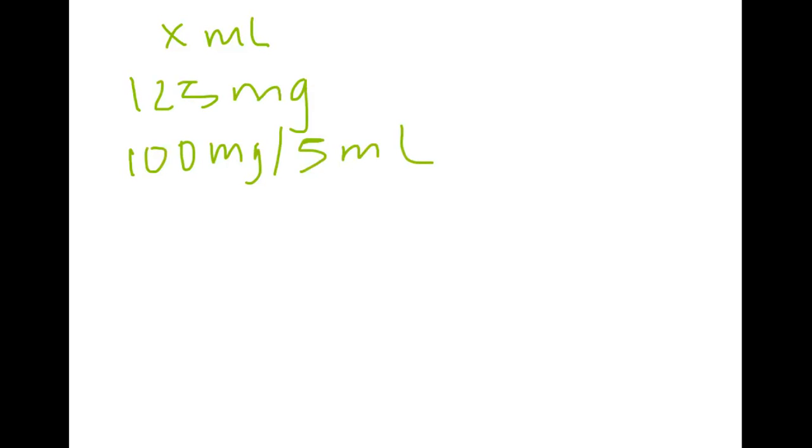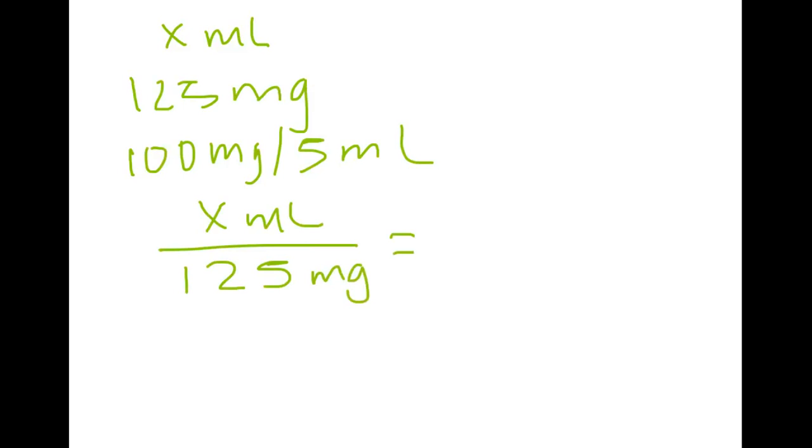Okay? So X mLs is what we desired over what the doctor ordered, 125 milligrams, set equal to what the pharmacy has available. So remember, our numerators have to be the same.